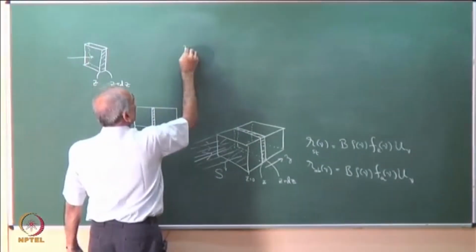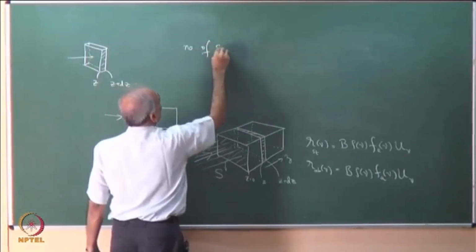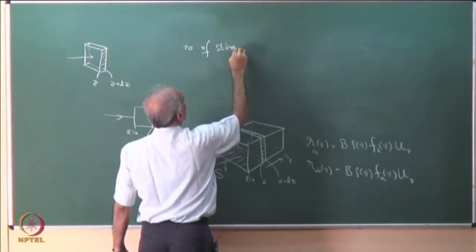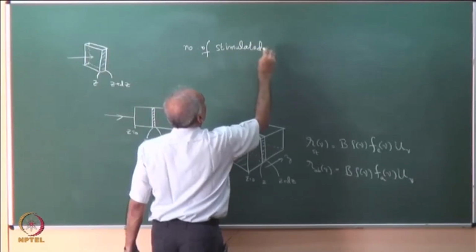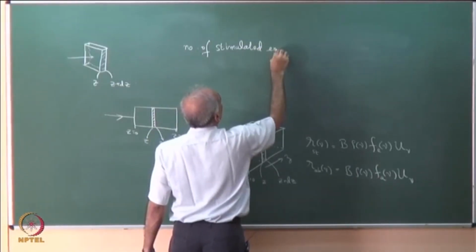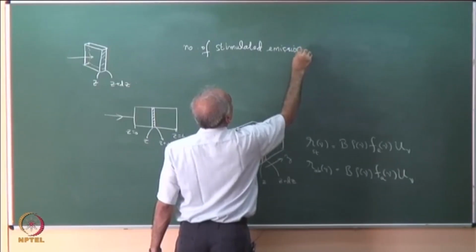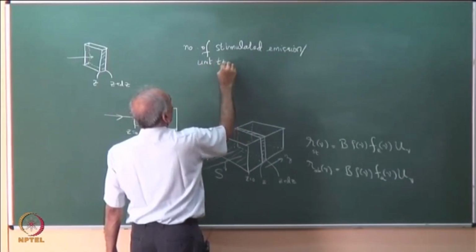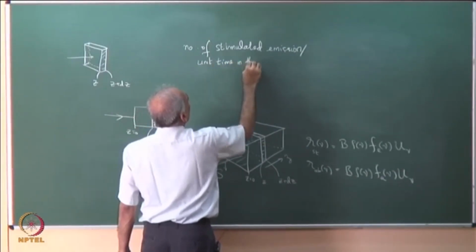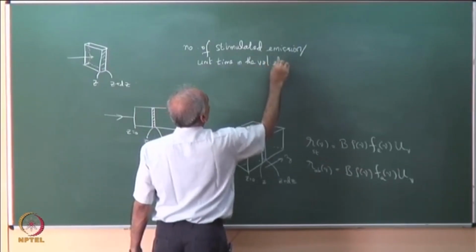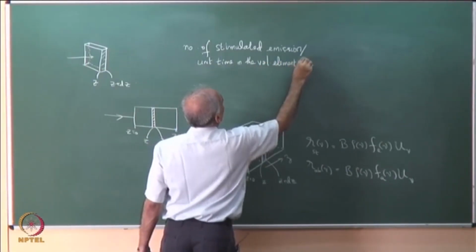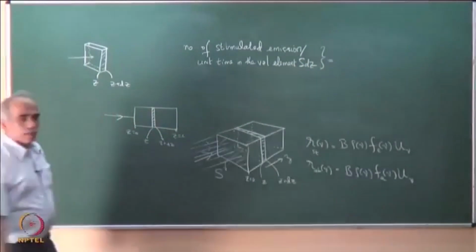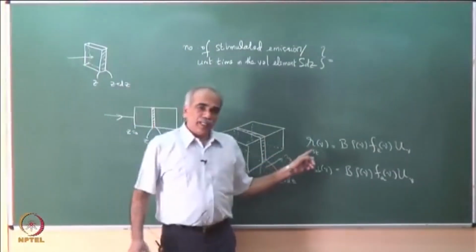The number of stimulated emissions per unit time in the volume element S dz is equal to, the rate of stimulated emission is this much.